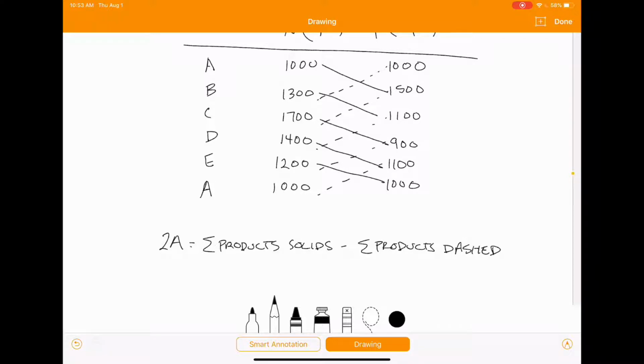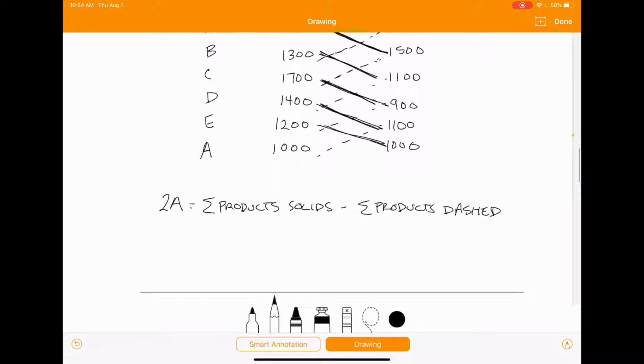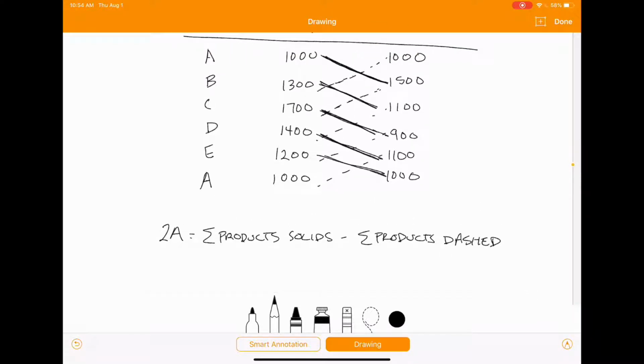So what that means is for these solid lines, you're going to multiply these two numbers that are connecting together and add them to all the other solid lines. And then you're going to do the same thing with the dashed lines. And then you're going to take the difference of those two.